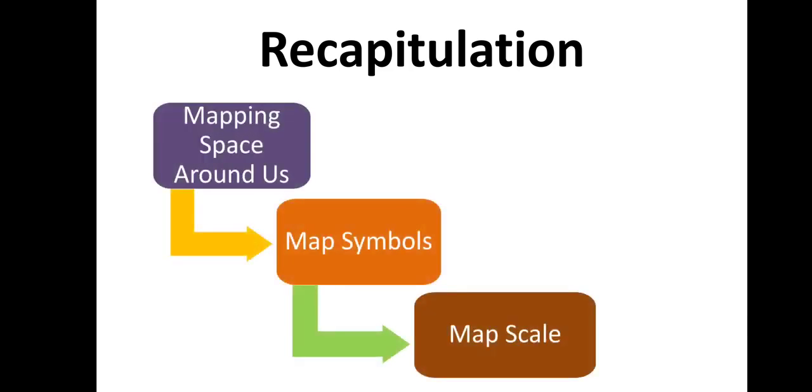Let us recapitulate what we have studied in the previous lecture. We have studied about mapping space around us. Basically, this is the concept in which we are supposed to make a map according to the given scenario, and we know that a map depicts the location of a particular object or place in relation to other objects or places.